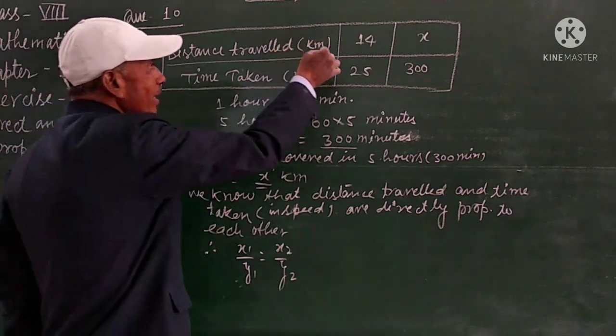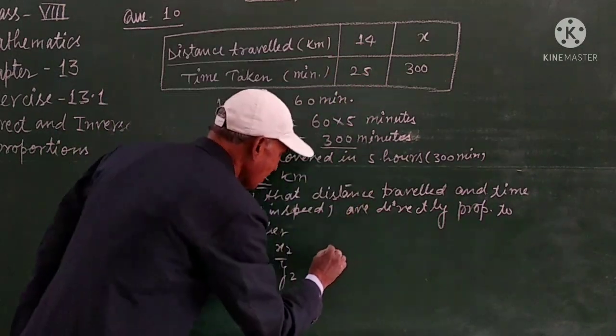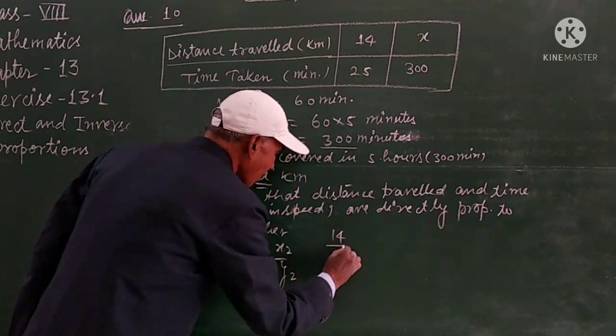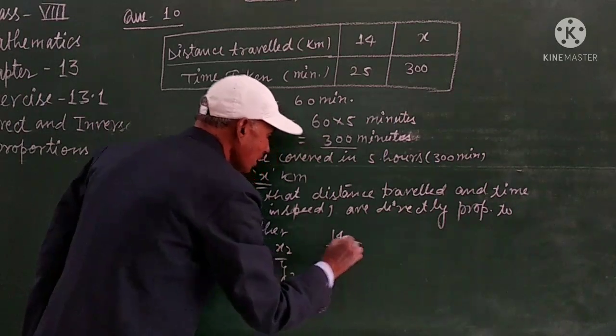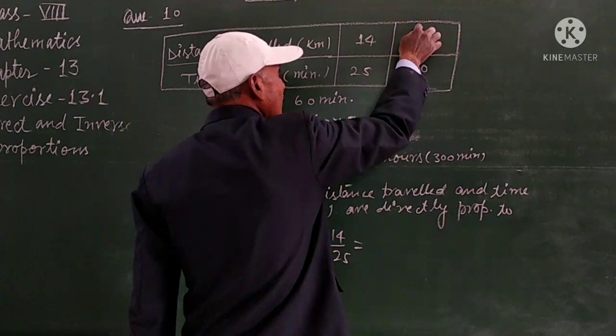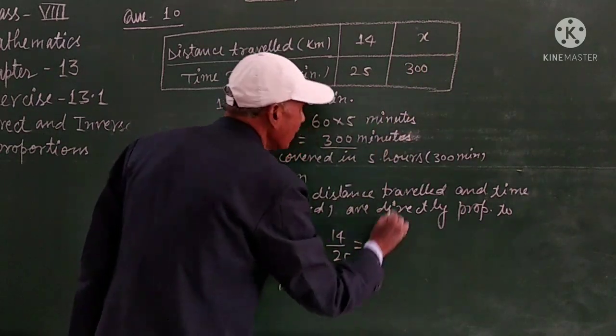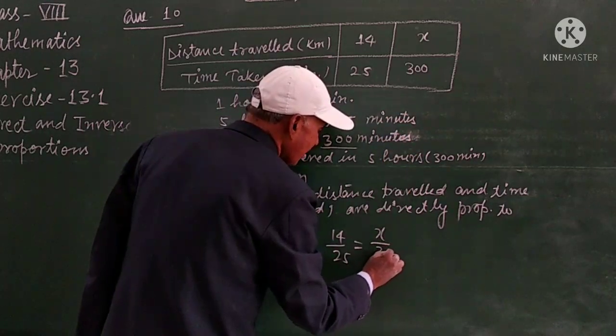And in this, student, x1 is 14, y1 is 25. This one, 14 by 25, is equal to this. We have assumed in place of x2, x by 300.